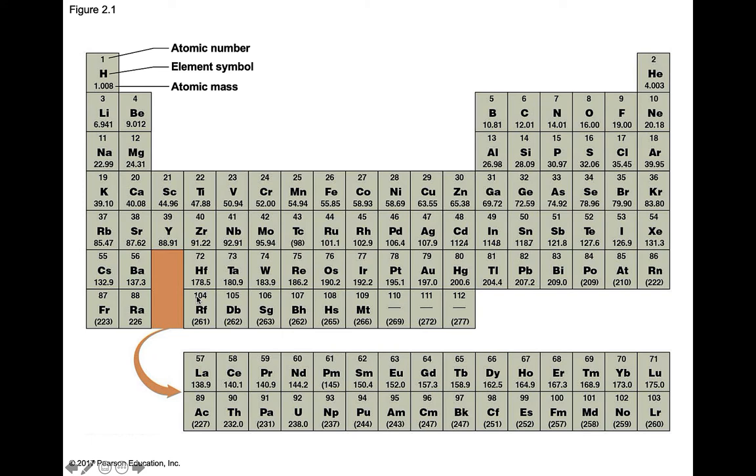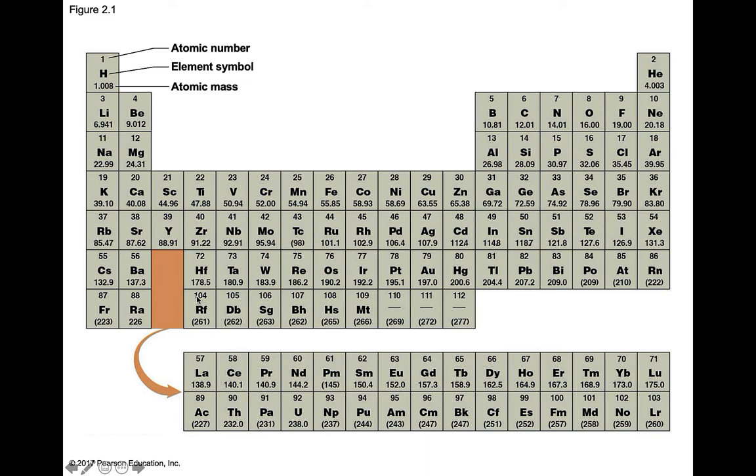Now, the atomic number indicates the number of protons that are found in that particular element. Now, for atomic mass, generally we're going to be looking at two types of subatomic particles. We'll be looking at protons and neutrons, and together they form the atomic mass. Now, the third particle are electrons.